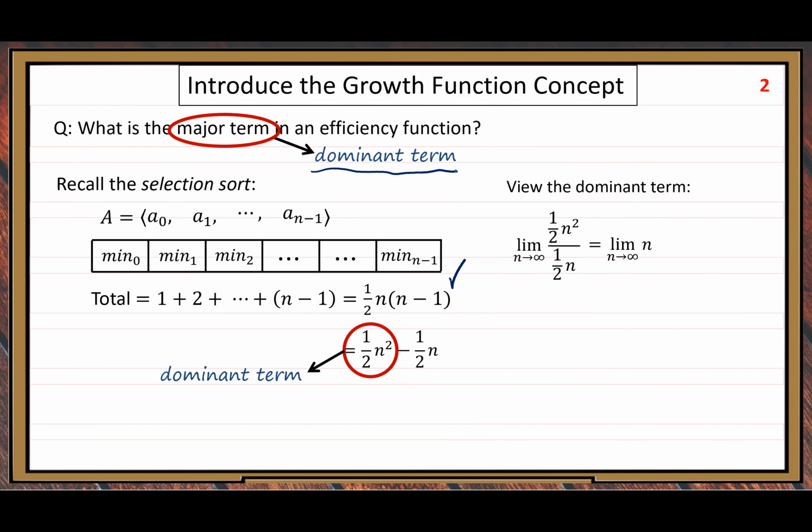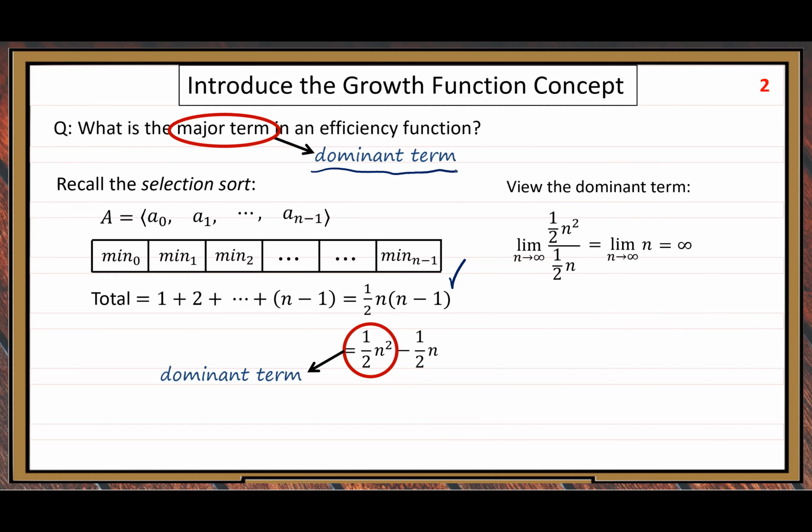After we do simplification, 1/2 cancels out, and another n can be canceled out. So then we just get a simple n here. And when n goes to infinity, our answer is infinity. So you can see the ratio is infinity when n approaches infinity.